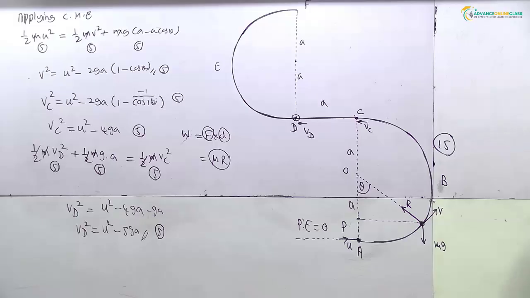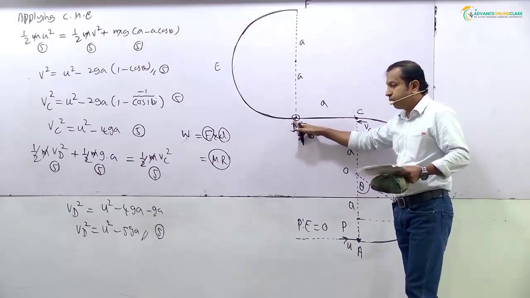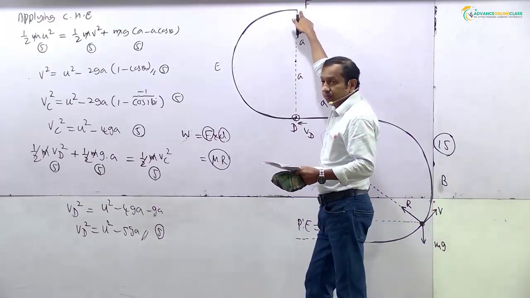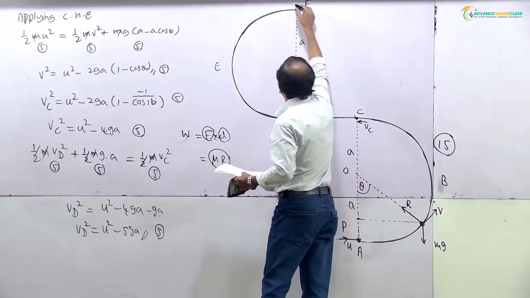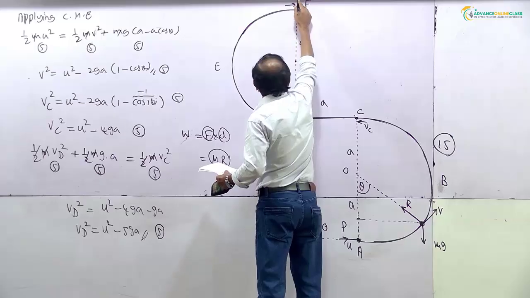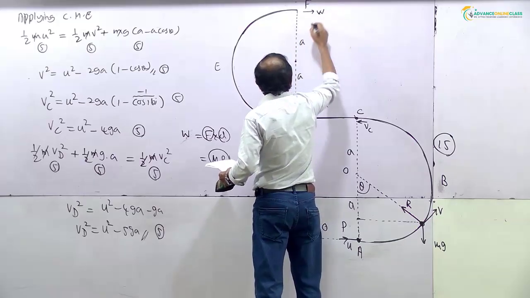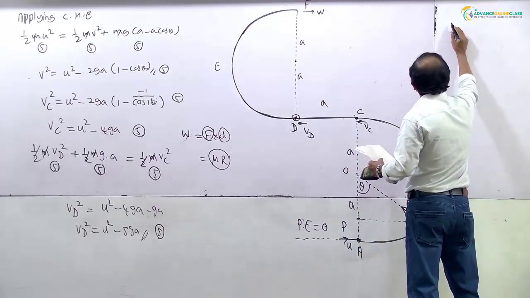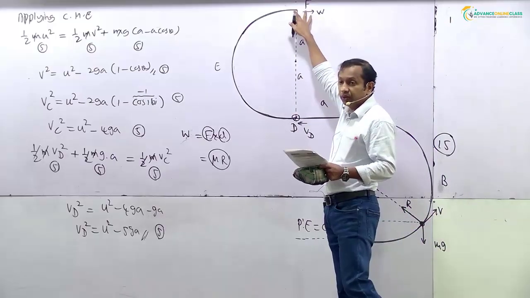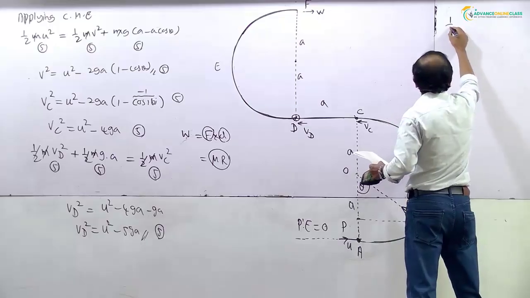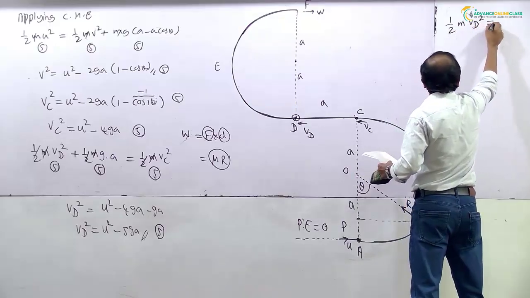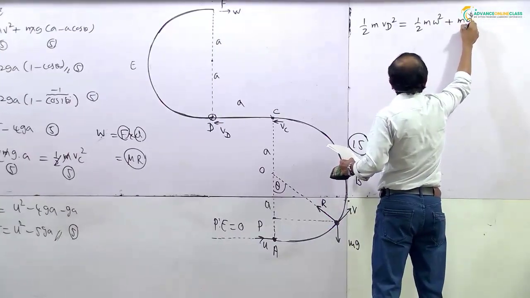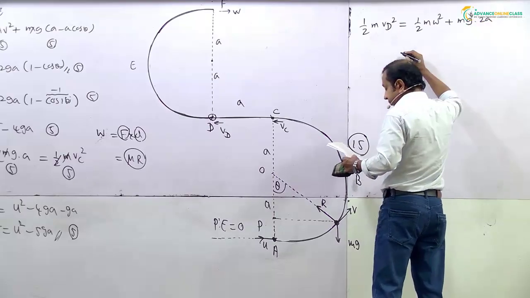Then if this is the potential energy zero level, at this position the particle has only kinetic energy. Here it has potential plus kinetic energy, and this velocity is given as W. Then I can write that the total energy here should equal the total energy there: half m Vd squared equals half m W squared plus mg into 4a.